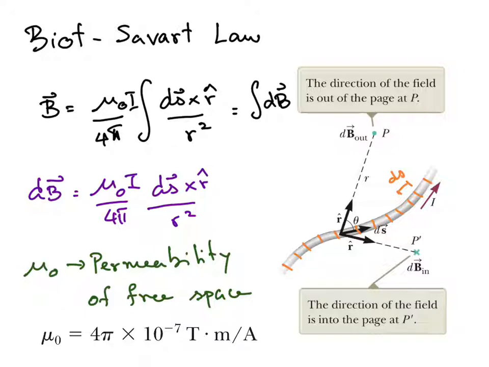For example, if we look at this segment, the length vector ds points in the direction of I and has the magnitude of the length of this segment, which is ds. We also define the unit vector r, which points from this segment to point P, the point where we want to calculate the magnetic field. So this is the unit vector r.